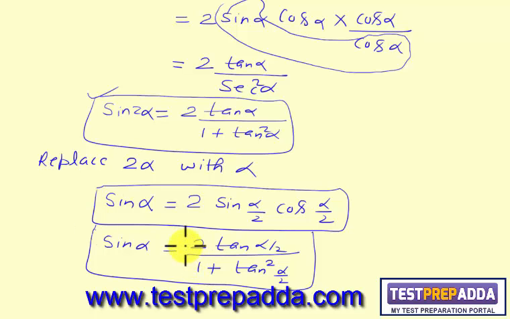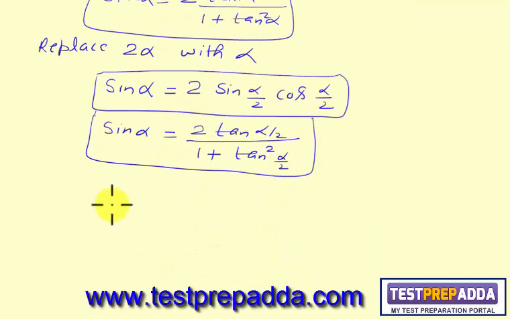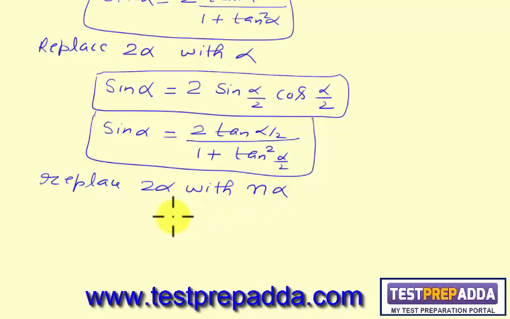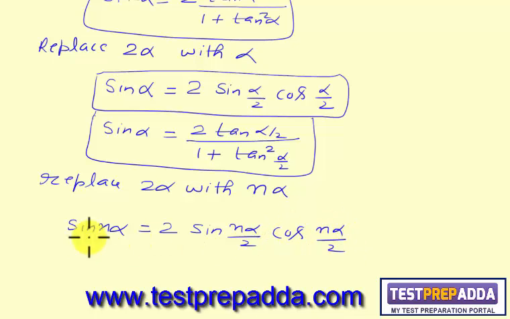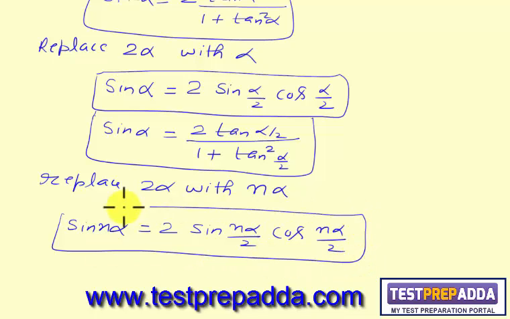Now if you want, you can generalize it for n alpha. So if I replace 2 alpha with n alpha, then sin n alpha will become 2 sin n alpha by 2 cos n alpha by 2.